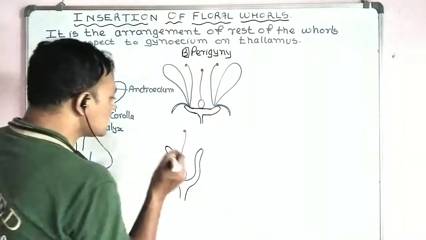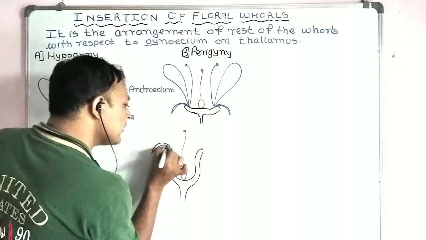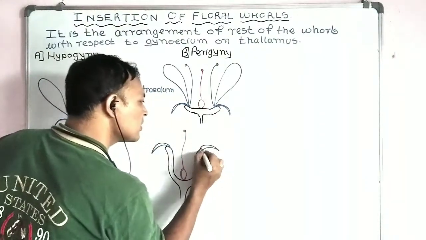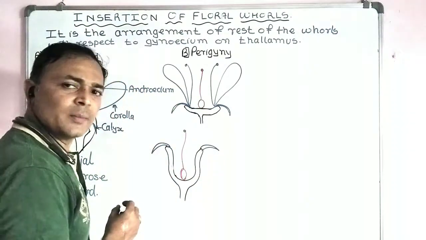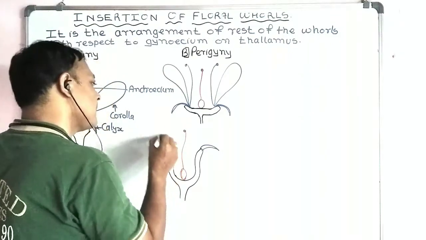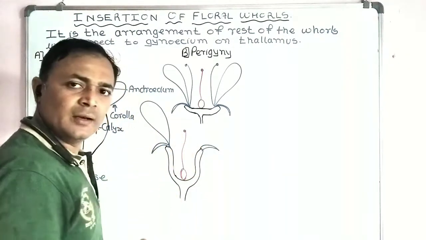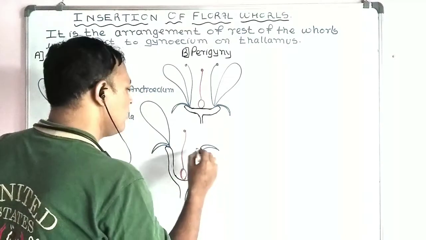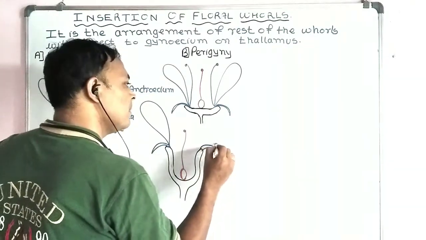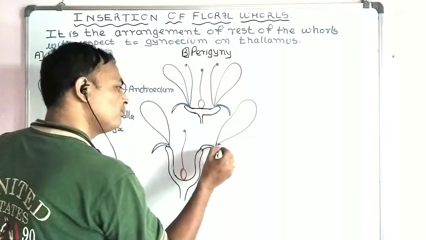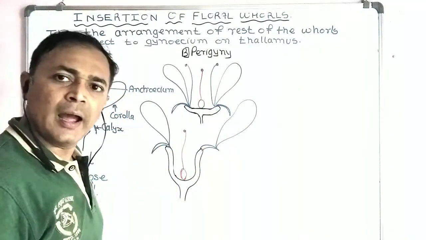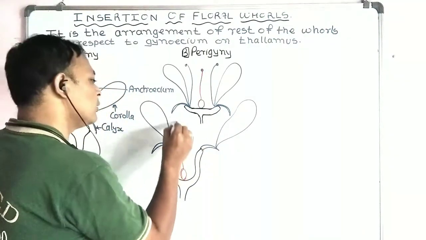All other whorls, calyx is at the rim of the thalamus. Then this is the petal. And androecium.